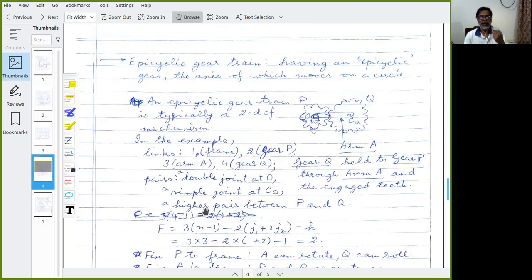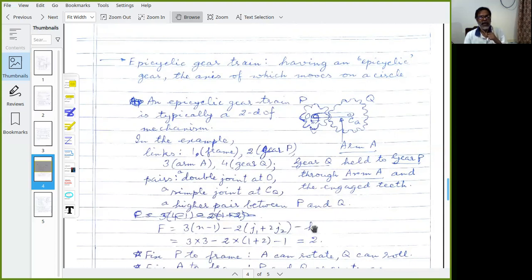Now, if you use the formula for degree of freedom, you will find 3 into 3, minus twice one simple joint and one double joint, so for the double joint you get 2, and minus the number of higher pairs.